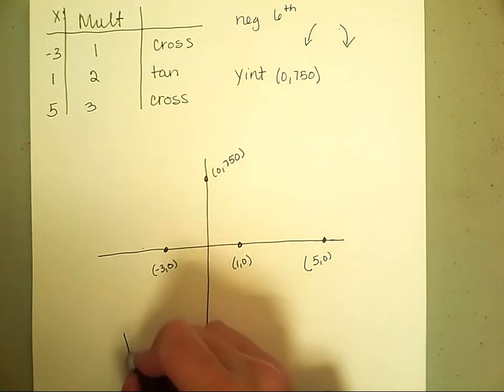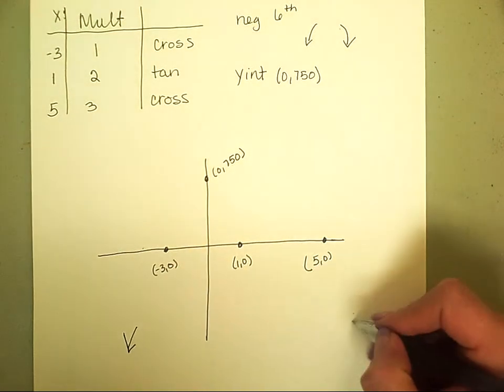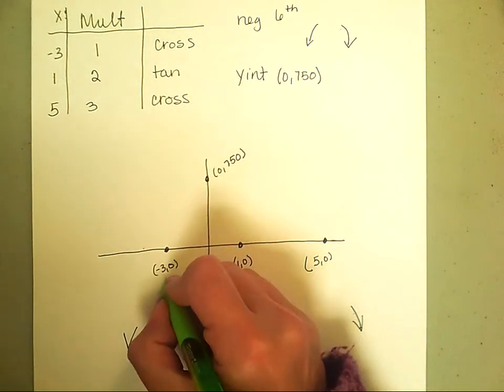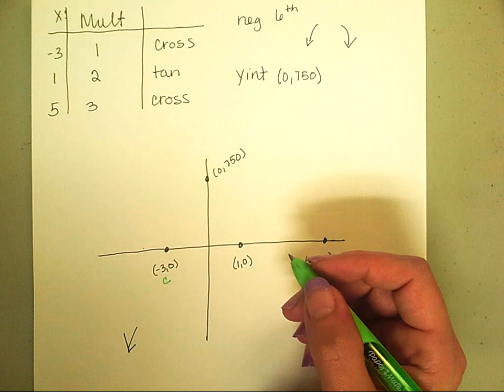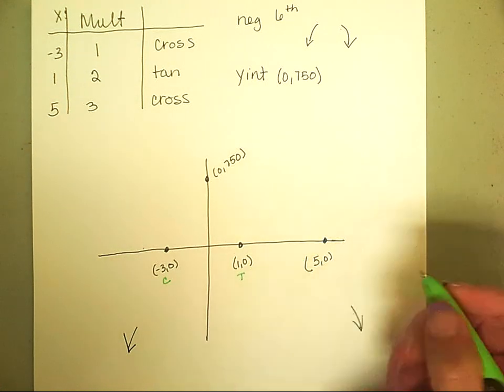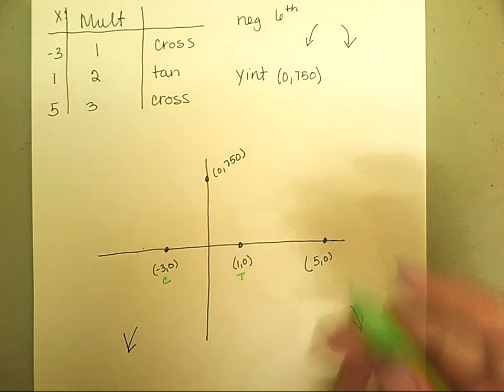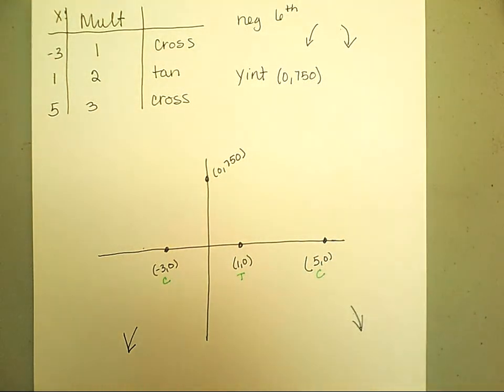Okay, that'll be our y-intercept. And we know the end behavior looks like this and like this because it's a negative 6th degree. Right. Now, here it needs to cross. Here it needs to be tangent, and here it needs to cross.